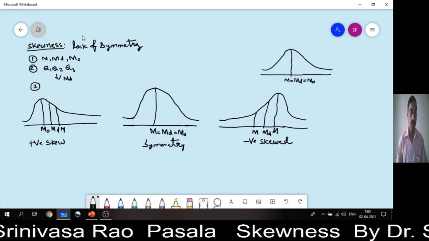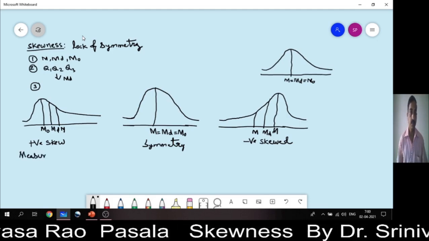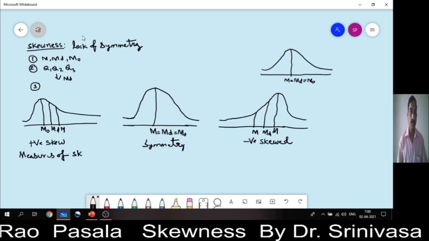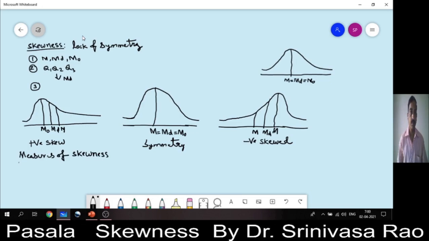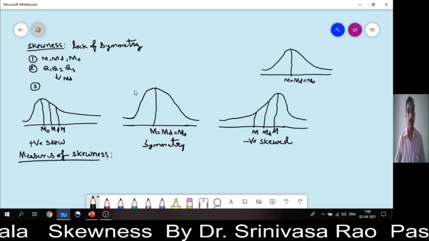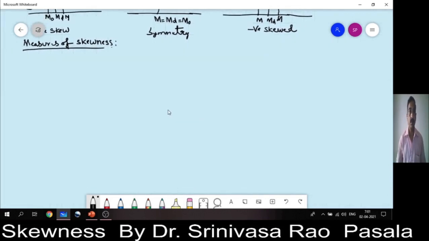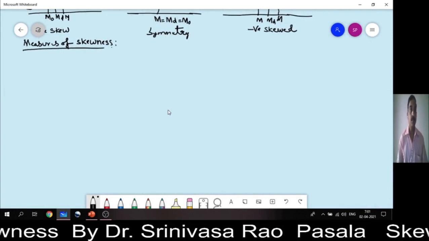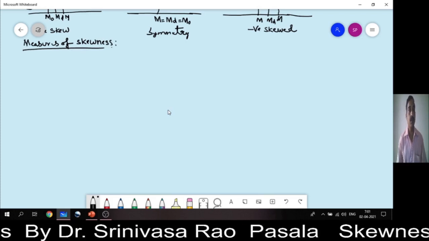Now we have to learn the measures of skewness. Various measures are there, like measures of dispersion: absolute measures and relative measures.